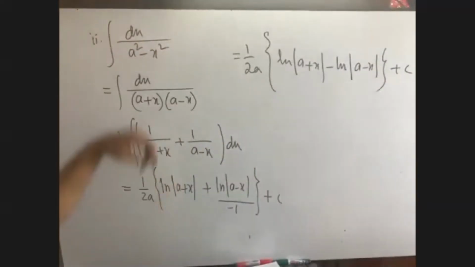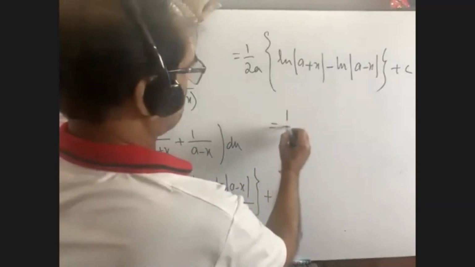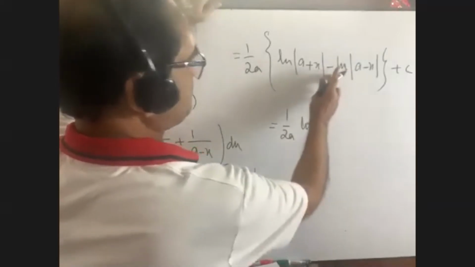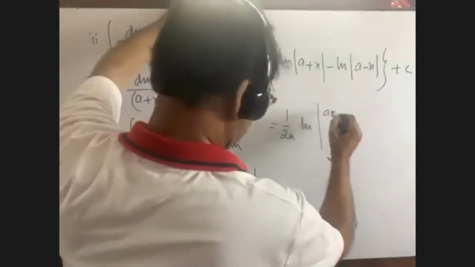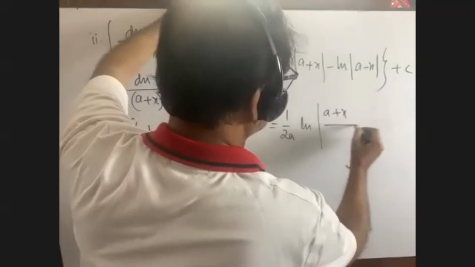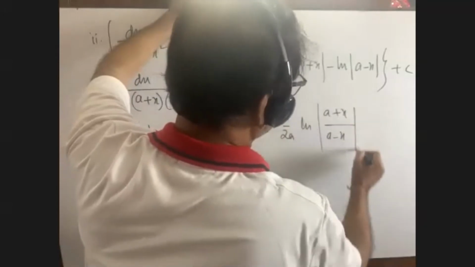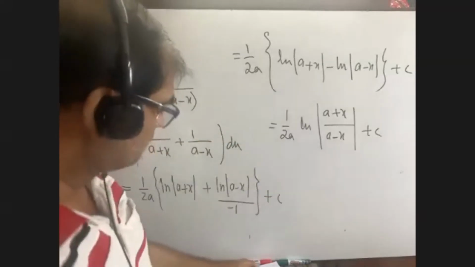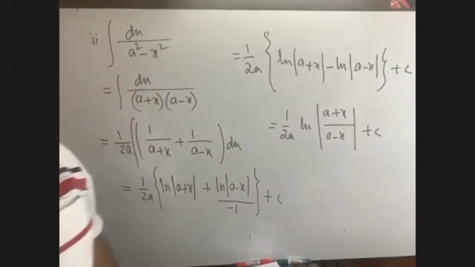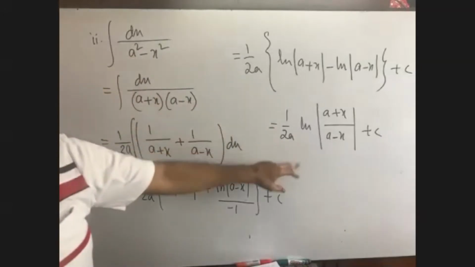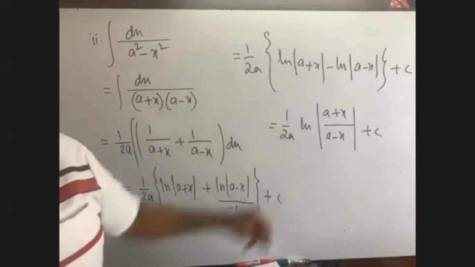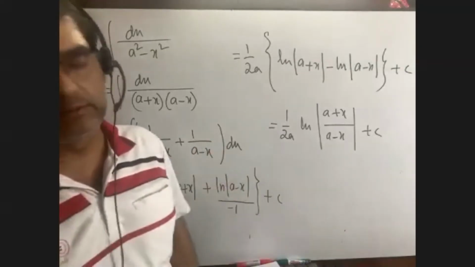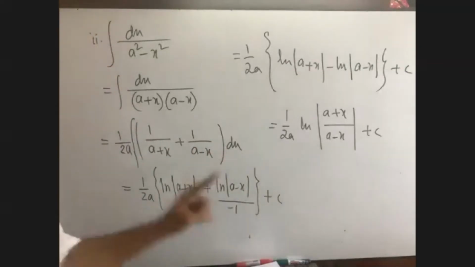Now we can write 1 by 2a, it can be put into the formula, since it is subtraction it will be division, a plus x by a minus x. This is the formula. All of you write it down. It will be used vastly. Every time you will get this formula, and the maths normally given in the exam are of this formula.